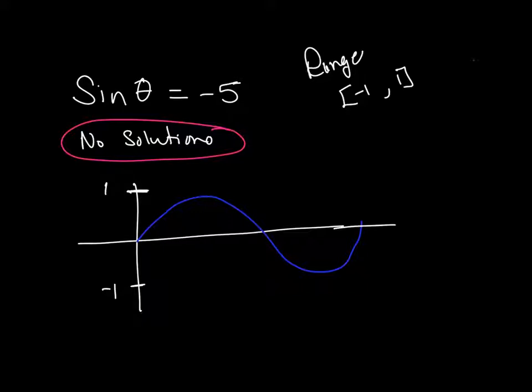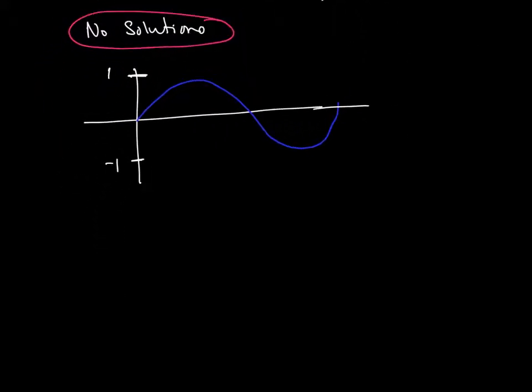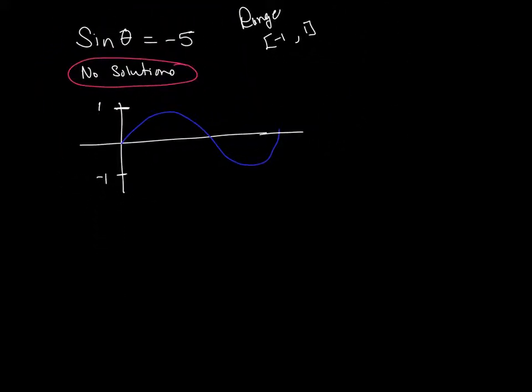Another one like this that has no solution would be if I have 2 times the secant of theta is equal to 1. What happens here? Here I have the secant of theta is equal to 1/2.